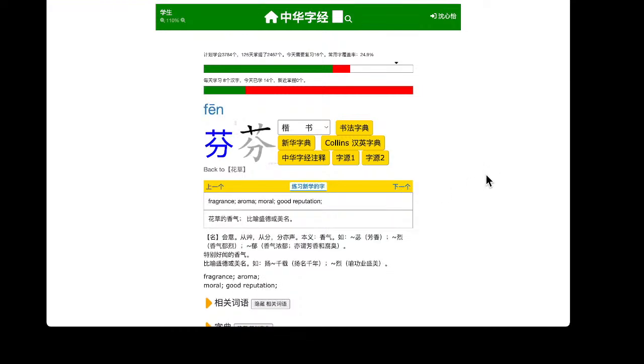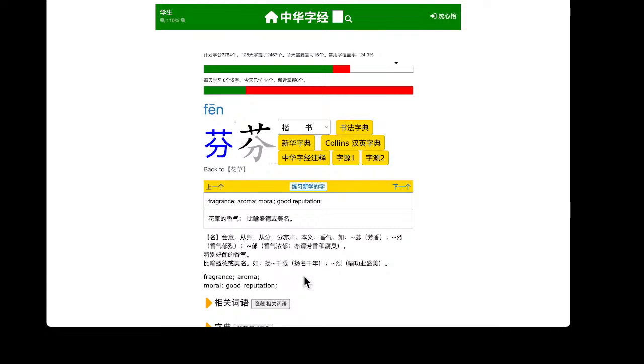芬. 芬 means fragrance, aroma. Okay, fragrance, aroma. And metaphorically, they refer to one's reputation, one's morals. So when they praise someone's high moral standard, they will use this word, like 芳名千载.